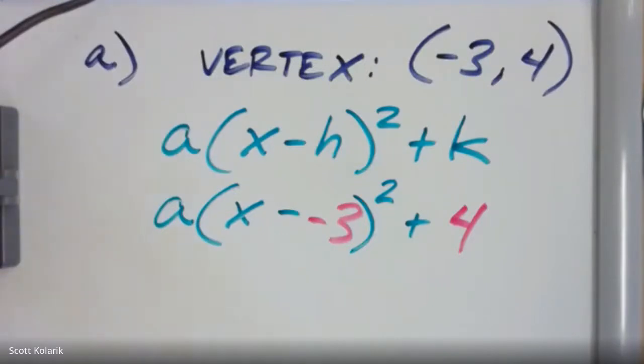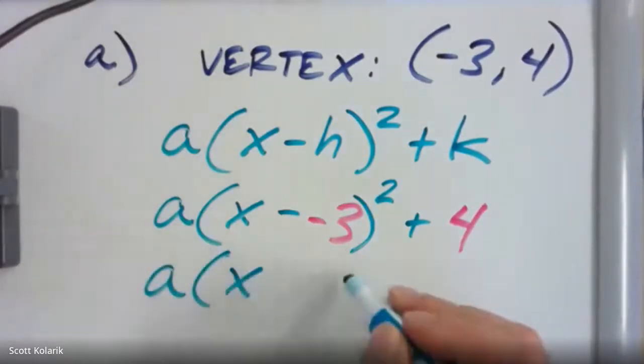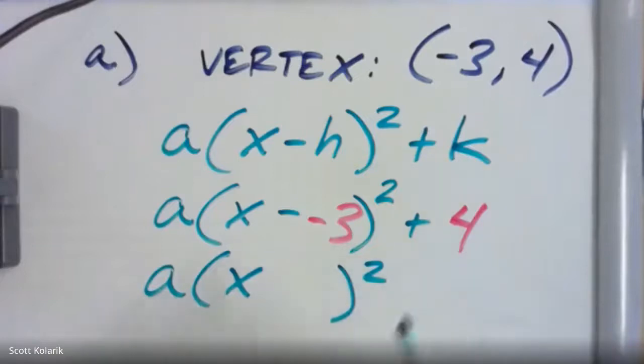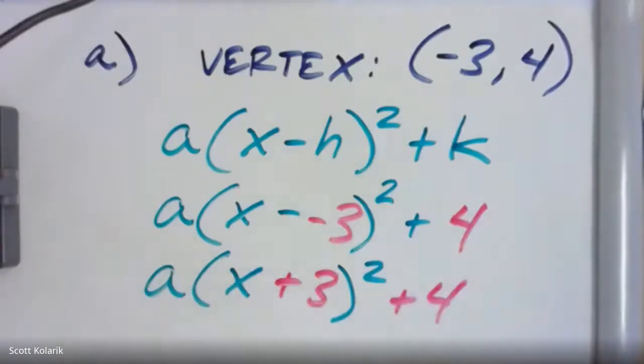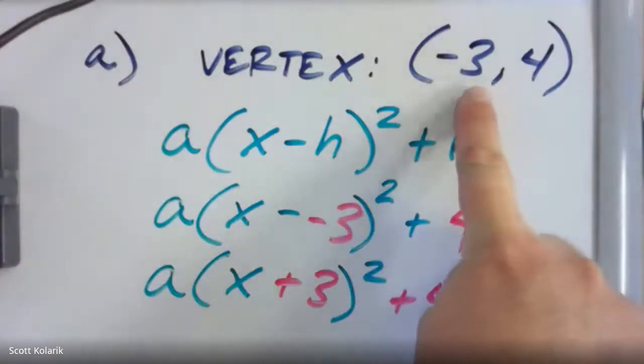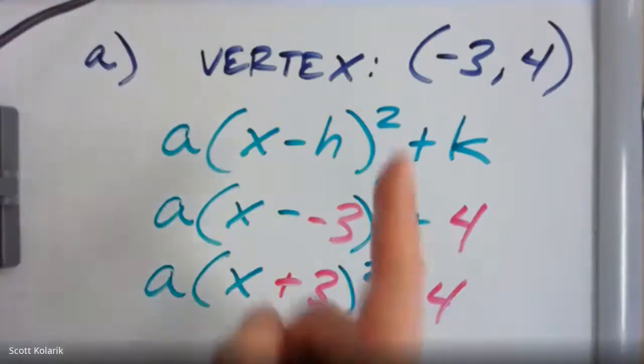And so simplifying this, and really by simplifying, I mean changing that to a plus, I'm going to end up with this in vertex form. Let me write this in 2 different colors. Now again, this being the opposite sign in my actual vertex, but here is my vertex form based on that information.